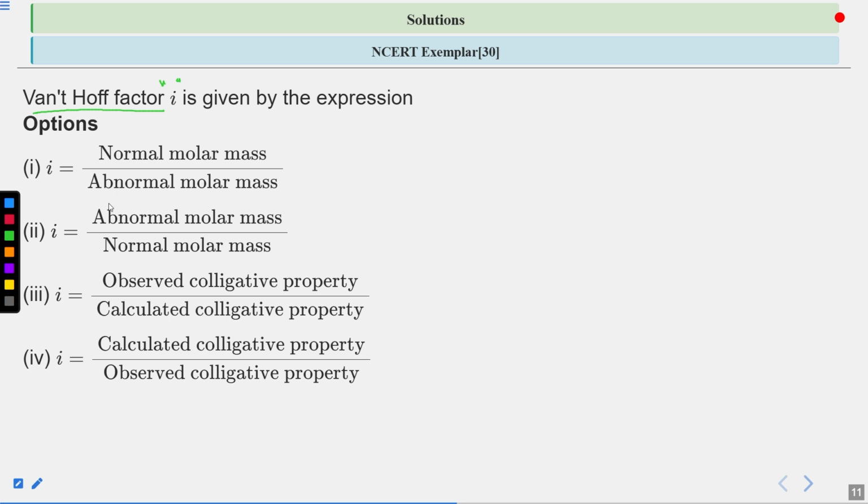The options are: i is equal to normal molar mass divided by abnormal molar mass; i is equal to abnormal molar mass upon normal molar mass; i is equal to observed colligative property divided by calculated colligative property; or i is equal to calculated colligative property divided by observed colligative property.